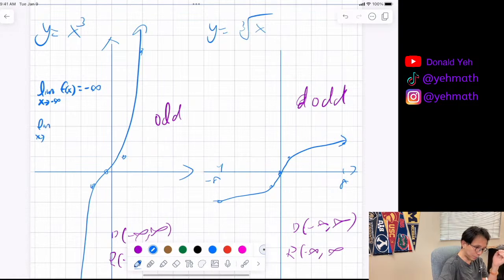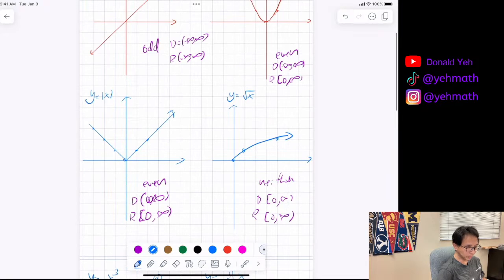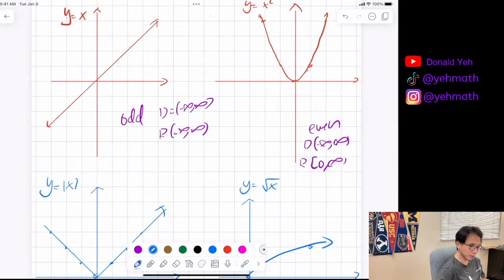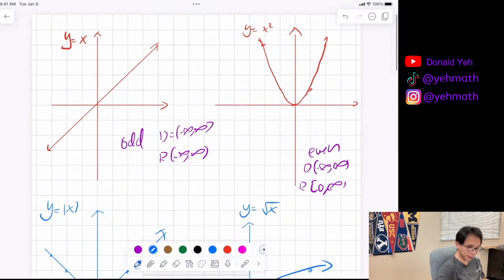Limits as x approaches what? Positive infinity of f of x is equal to what? Positive infinity. Now, you should learn how to write on all of them here, except square root of x. So this one, I'm going to write it for x squared. Limits as x approaches negative infinity of f of x is what?